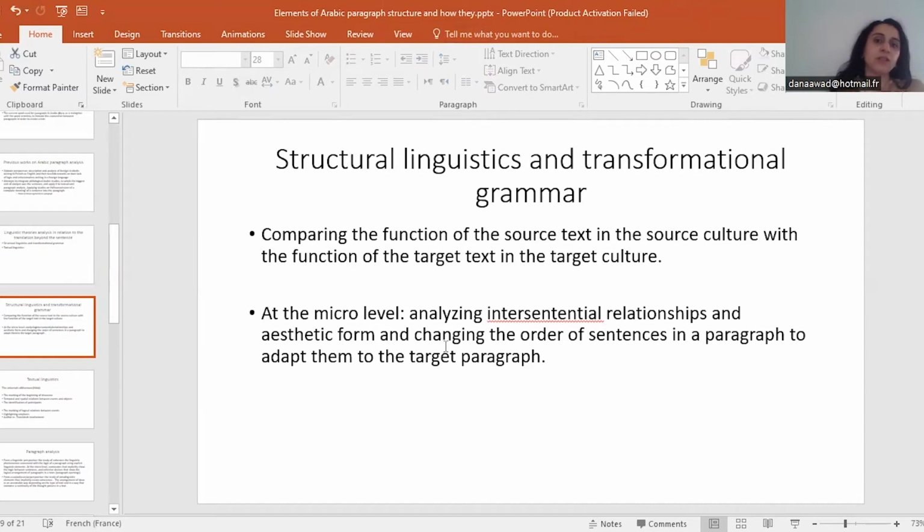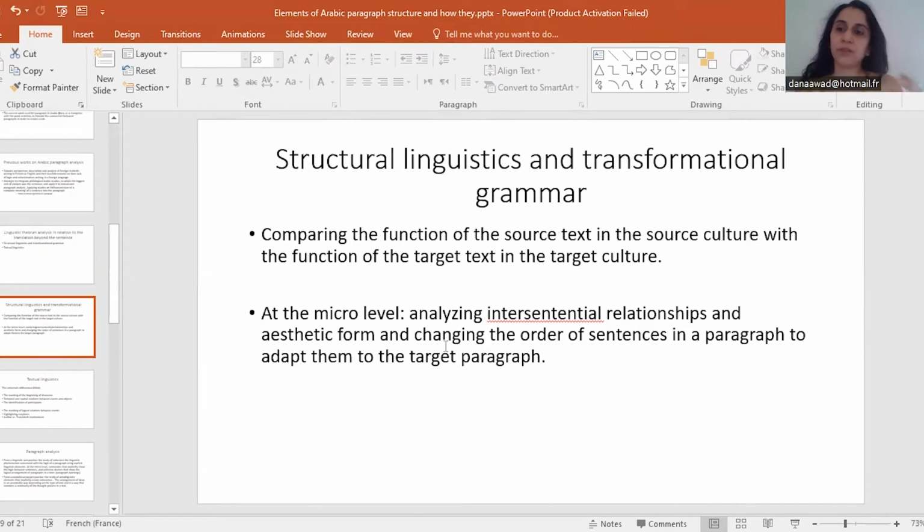So for structural linguistics and transformational grammar, usually the relationship with translation studies is to compare the function of the source text and the source culture with the function of the target text and the target culture. So this is what Jean-Michel Adam calls the socio-discursive element in the text.